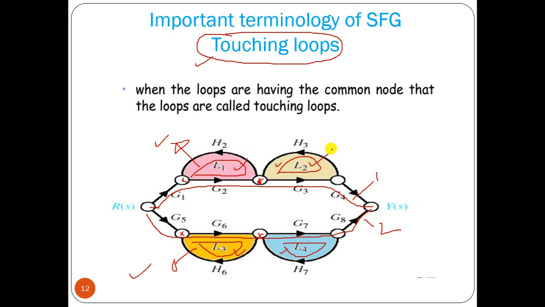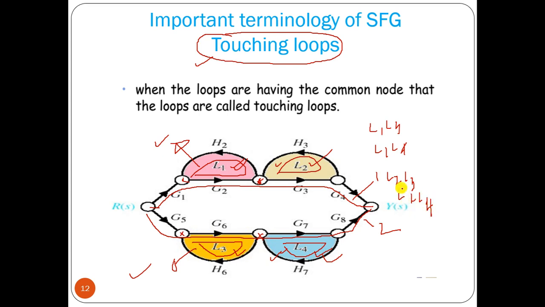Similarly, L2 and L4 are non-touching loops. Similarly, L1 and L4 are also non-touching. L2 and L3 are also non-touching loops. So we have 4 non-touching loop pairs: L1 and L3, L1 and L4, L2 and L3, L2 and L4.